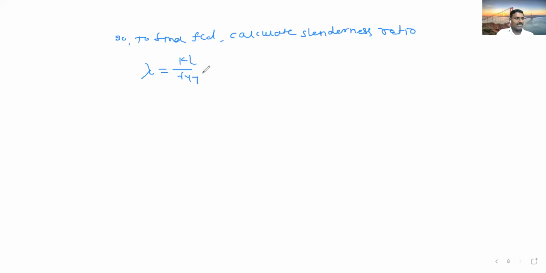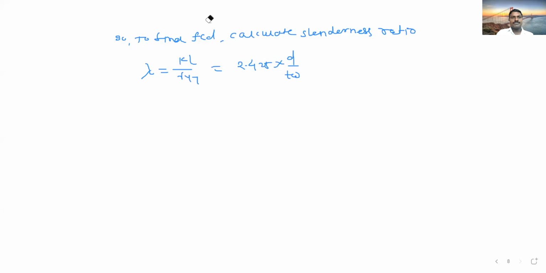Okay. So then FCD we have to find out. To find FCD, calculate the slenderness ratio. So how can we calculate the slenderness ratio here? Lambda is equal to KL by ryy, or the second way is 2.425 into D by TW.